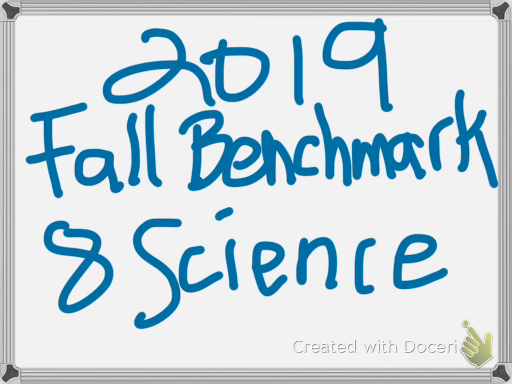Student 2, protons, valence electrons. Student 3, valence electrons, protons. Student 4, electron cloud, neutrons. Which students' responses are correct? Student 1, student 2, student 3, student 4.